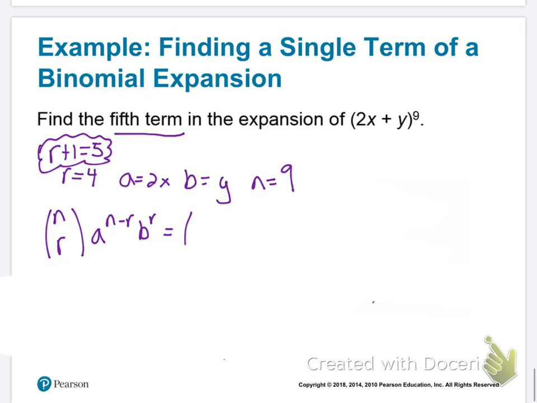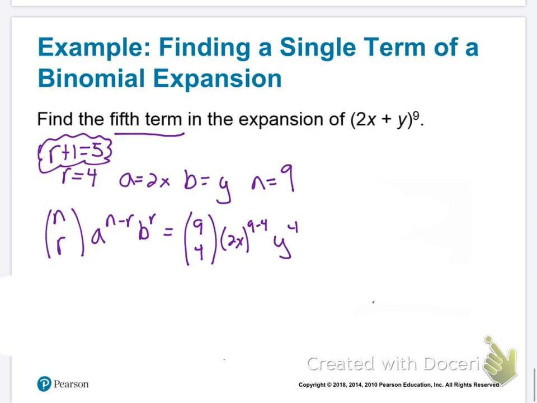In our case, it's 9 above 4, a, which is 2x, to the n minus r, 9 minus 4, so we know it's going to be 5, y to the r, 4.